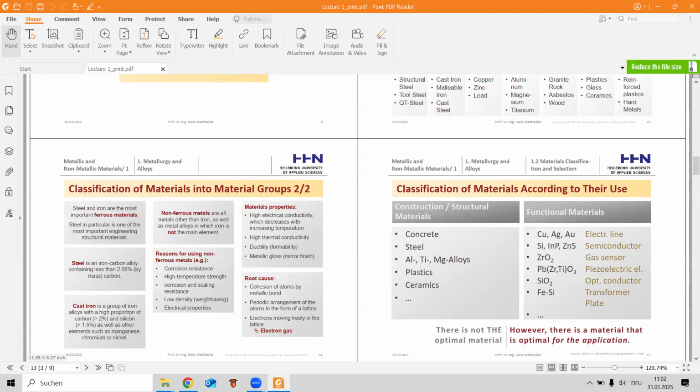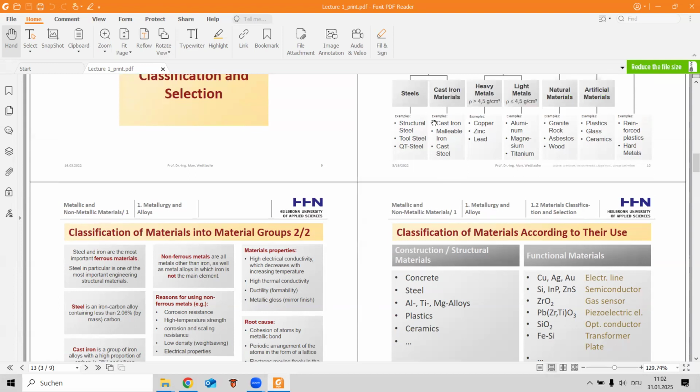Cast iron is a group of iron alloys with a high proportion of carbon, more than 2%, and silicon, more than 1.5%, as well as other elements such as manganese, chromium, or nickel. The reasons for using non-ferrous material are corrosion resistance, high temperature strength, corrosion and scaling resistance, low density, and electrical properties.